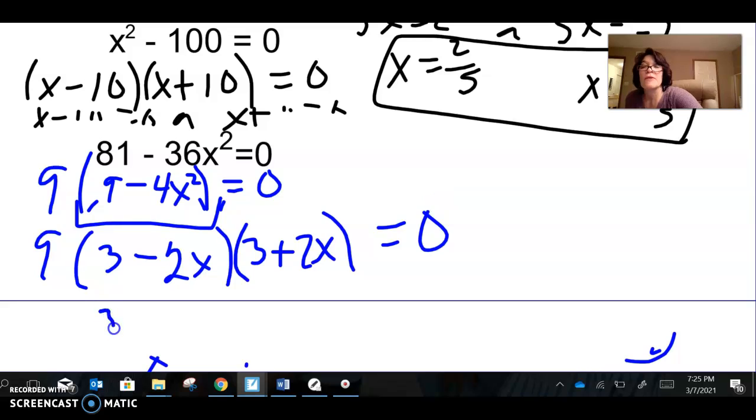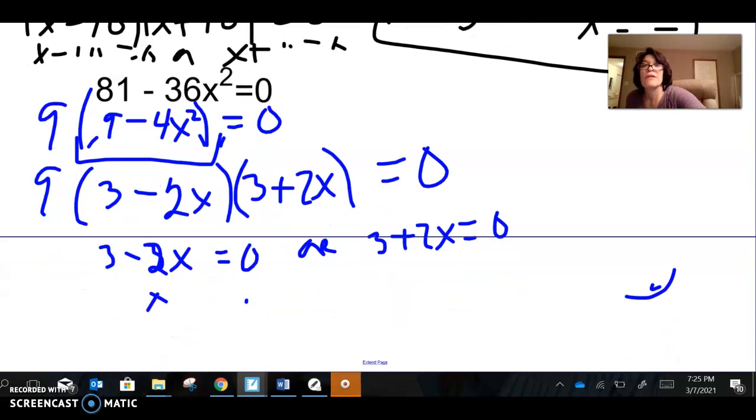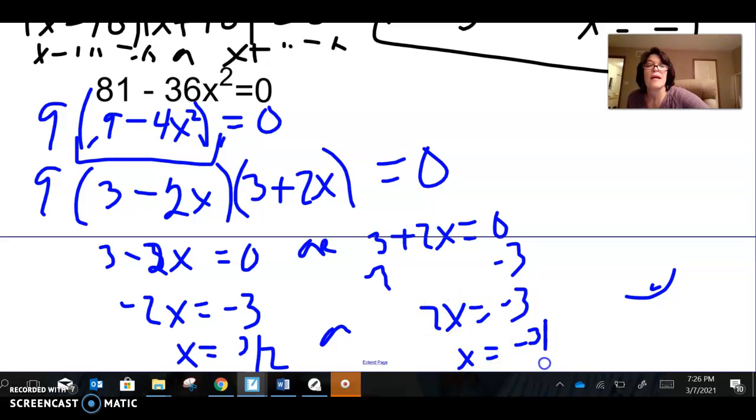9 never equals 0, so I really just have to set 3 minus 2x equals 0, or 3 plus 2x equals 0. My answers then, x equals positive 3/2, or 2x equals negative 3, x equals negative 3/2.